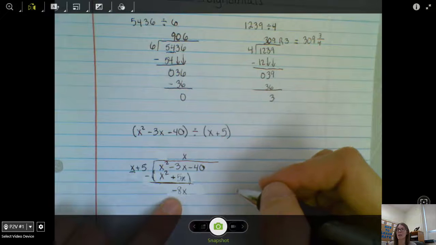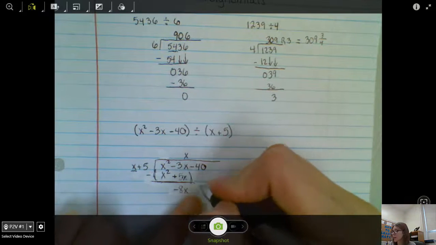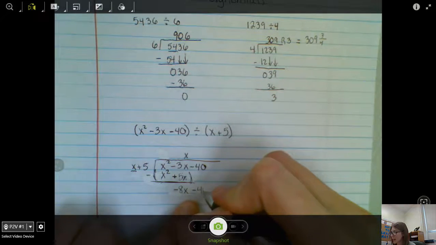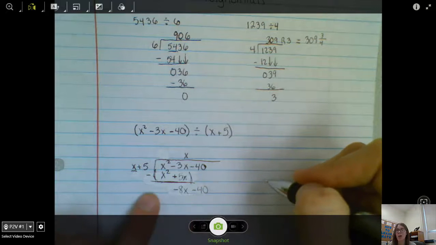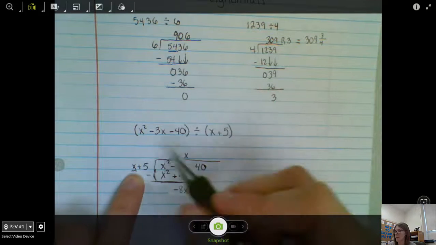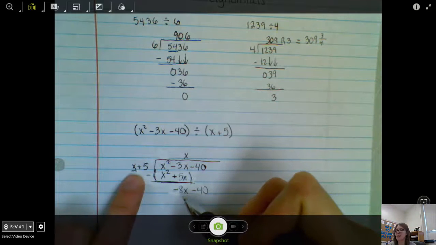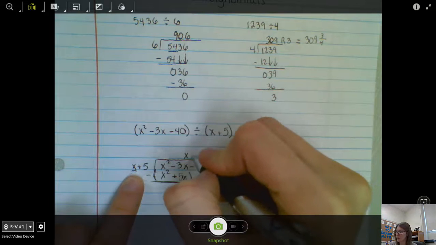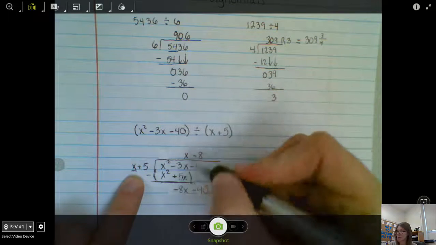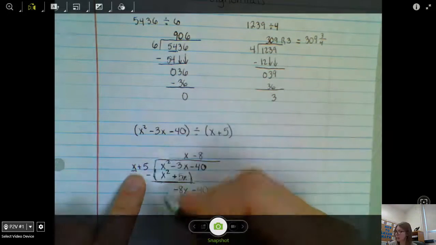And then just like our division of numbers, we bring down our next term, minus the 40. Look back to your first term here. What can we multiply x by to get negative 8x? We can multiply by negative 8. Negative 8 times the x gives me negative 8x.